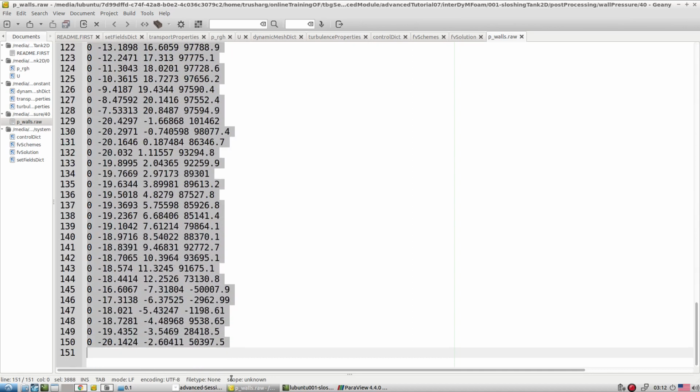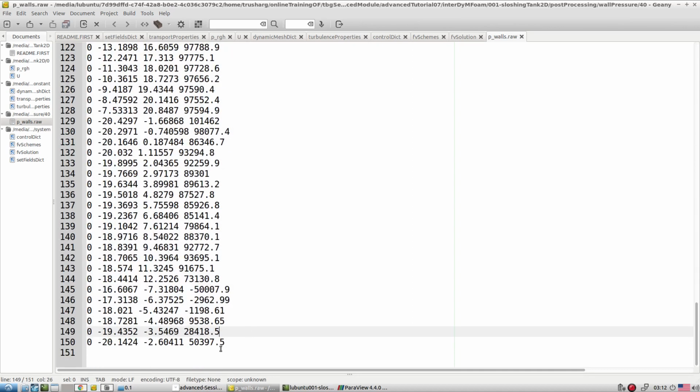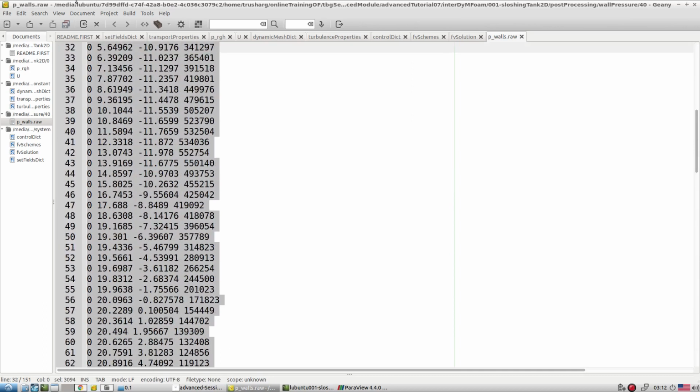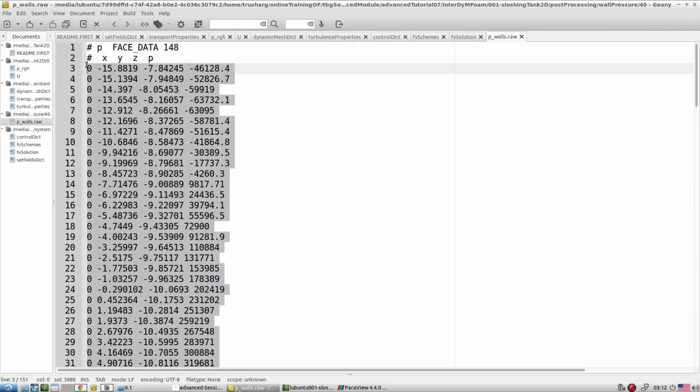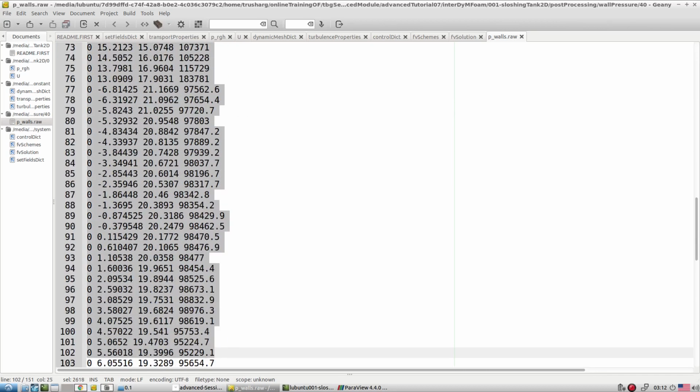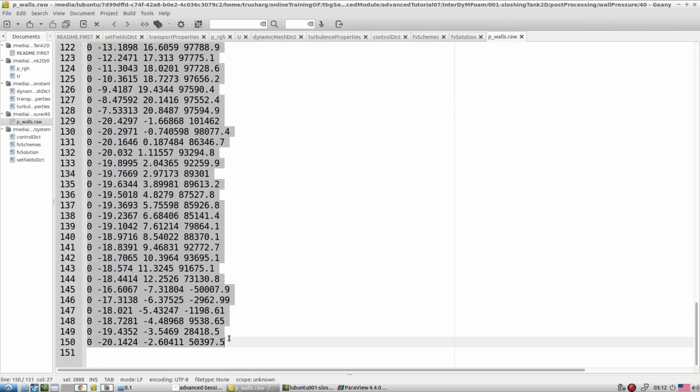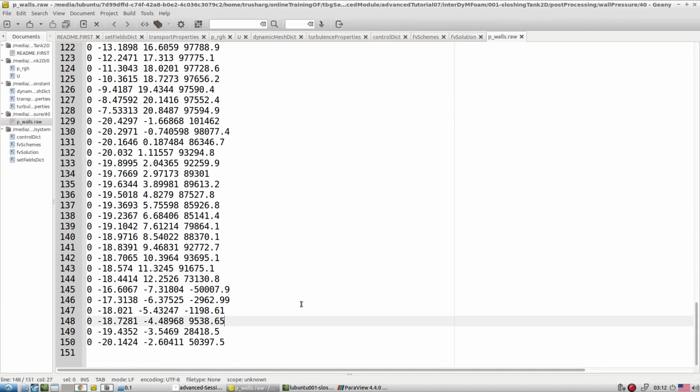This sometimes goes as a feed for the structural solver, and people try to analyze the strength and the deformation of the structure based on this pressure loading. So this is also very useful when we talk about the sloshing of the tank.